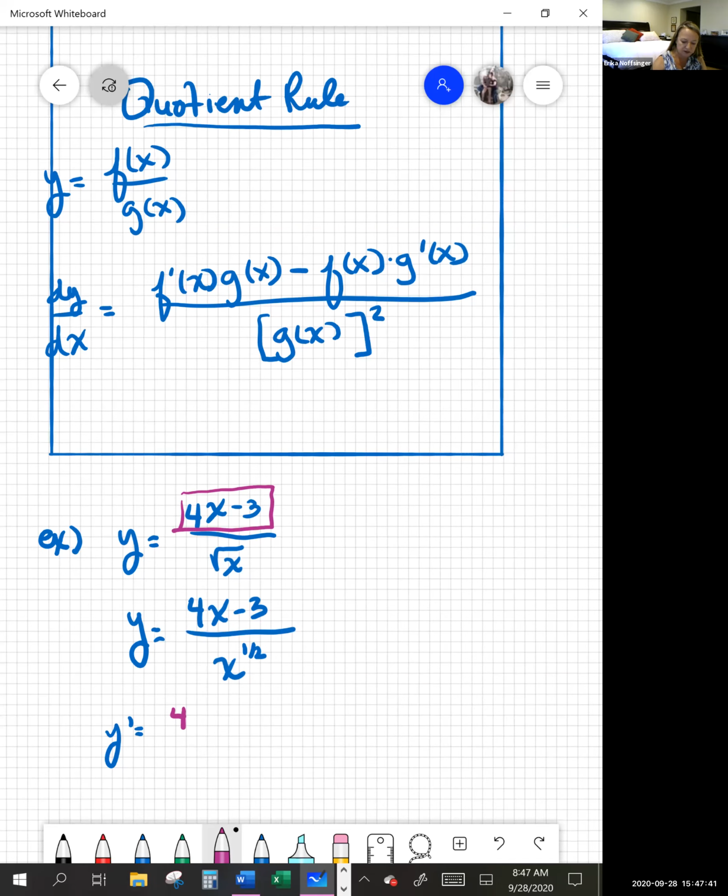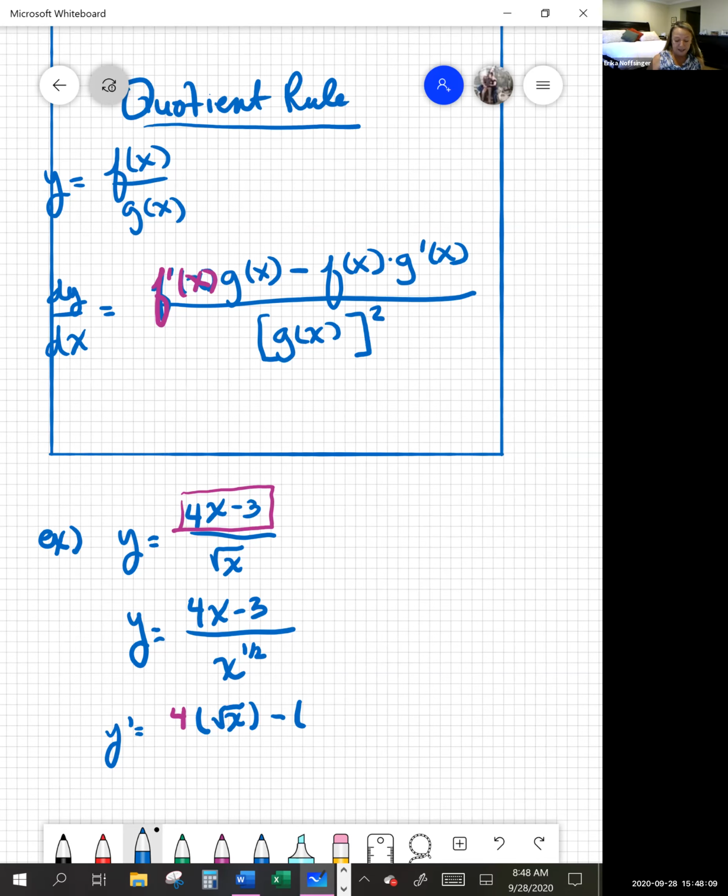So it's the derivative of our numerator, which we just took, times our denominator. So I can put it as x to the 1/2 or square root x. I'm not taking the derivative, let's just put square root of x. Minus the first function, which is 4x minus 3.